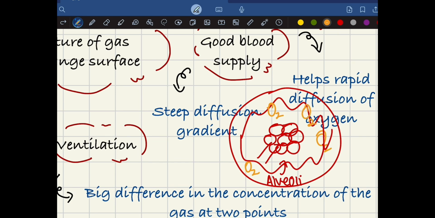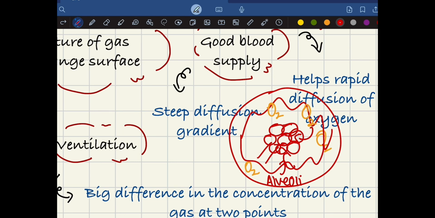Now remember, the keyword over here is diffusion. In our previous chapters, we learned that diffusion occurs from a high concentration of gas molecules to a low concentration. So if you have a lot of oxygen in the blood and less oxygen in your alveoli, diffusion is going to take place, so your oxygen is going to move into your alveoli.